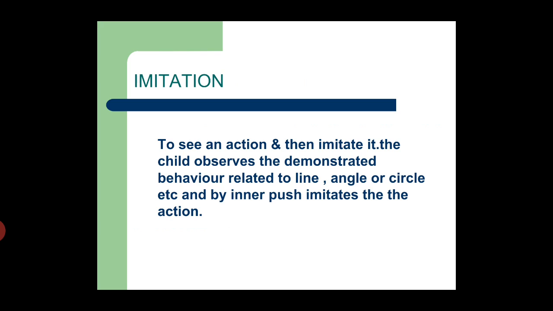It means the child sees an action and then imitates it, that is, he tries to copy the actions performed in front of him. So the child observes the demonstrated behavior related to any activity, like poem recitation or drawing an angle or circle, and then he imitates the same action as performed by the demonstrator.